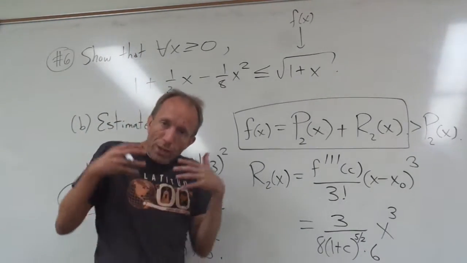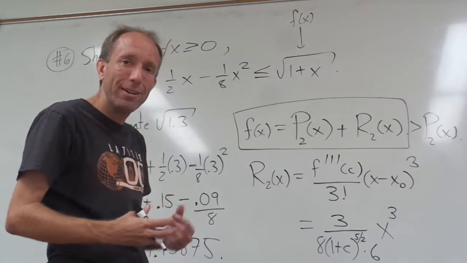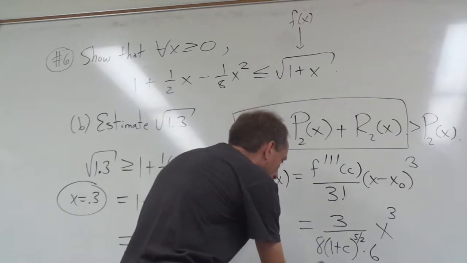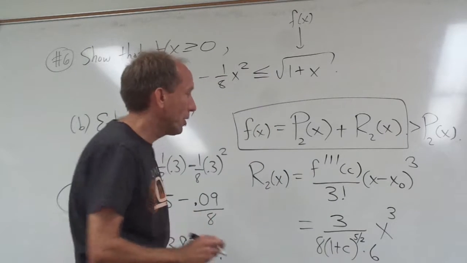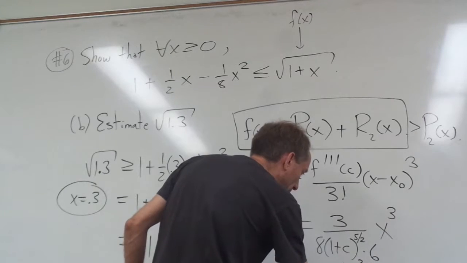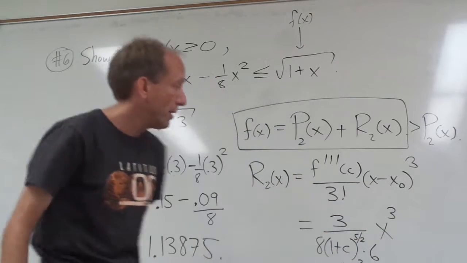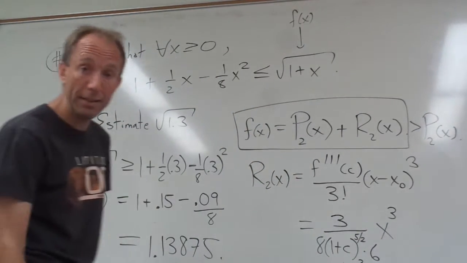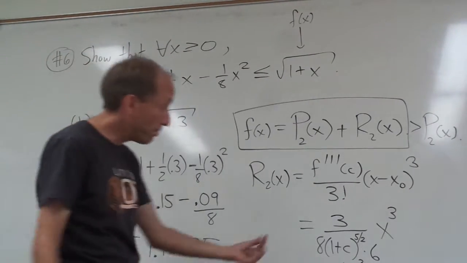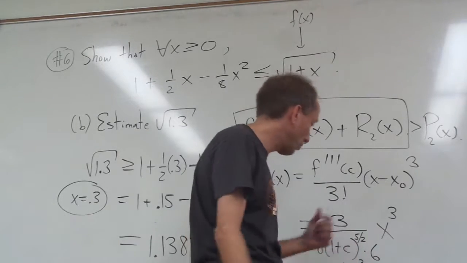Part C says, what is an upper bound for the error? Well, what is the biggest that this can be? To get the biggest, I'm going to make the numerator as big as I can. That would be putting in the biggest x that I can, which would be 0.3. Again, we're using the interval between 0 and 0.3.